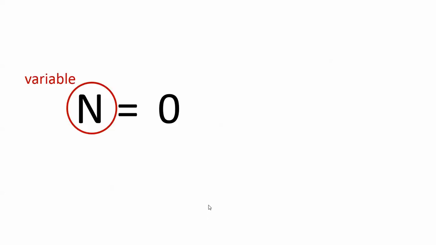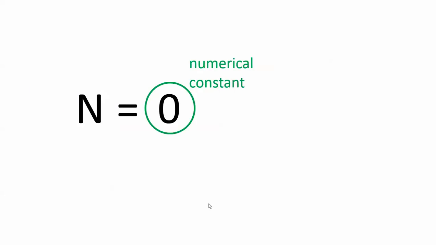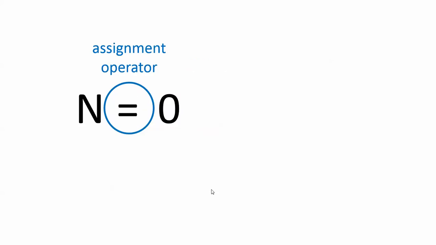The n is a variable. Again, it's a place to store a value. The 0 we'll refer to as a numerical constant. So numerical constant just means that it has a numerical value that will never change. So unlike a variable whose value can change, the value of 0 will always be 0 and the value of 5 will always be 5. So that's just what we mean when we say numerical constant.